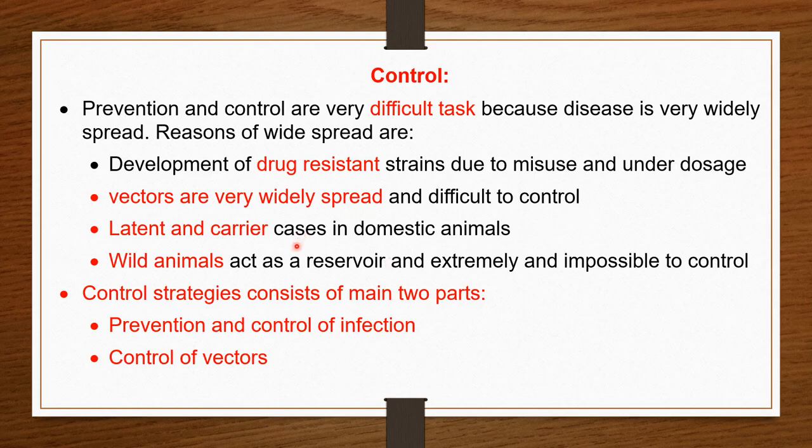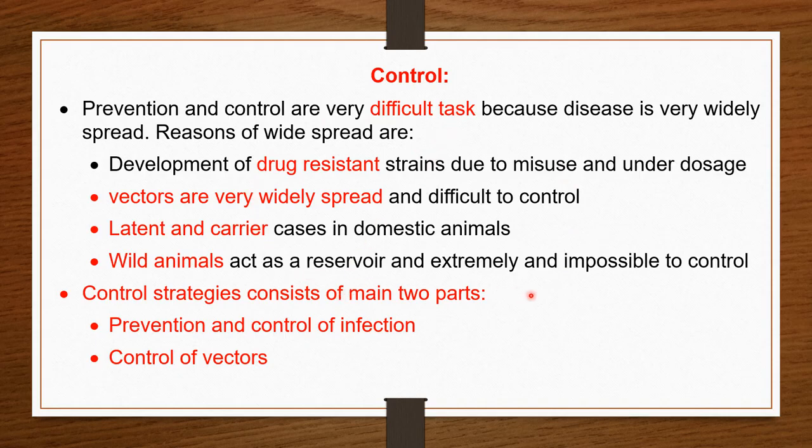Among the animals, domestic animals are in latent and carrier stages, so they spread the disease. They are the potential source for healthy animals. Wild animals also act as a reservoir, and it is extremely difficult, almost impossible, to control trypanosomiasis in wild animals. So by these steps, it is very difficult to control and prevent trypanosomiasis.